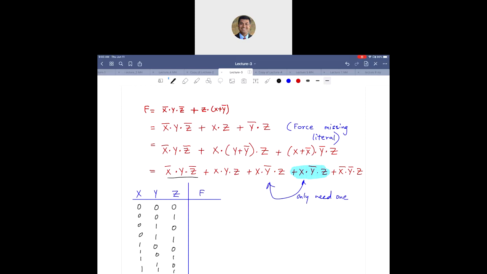This term corresponds to a particular input combination. What is that combination? X has to be 0, Y has to be 1, and Z has to be 0. That is right here, so that is a 1 there. Next, all three are 1. Next, 1, 0, 1.